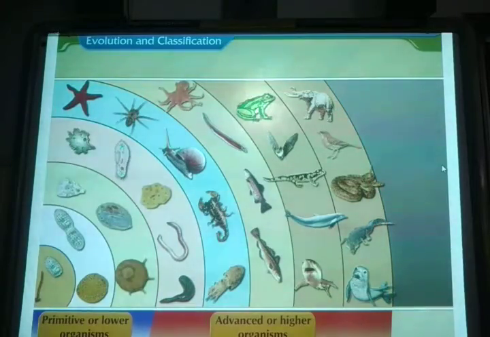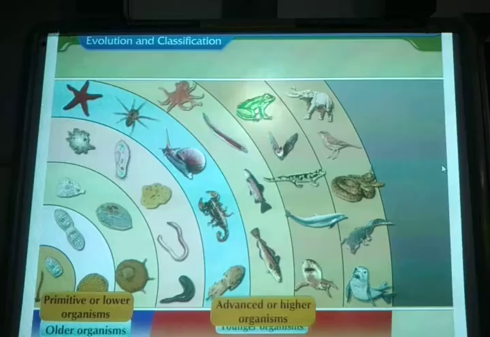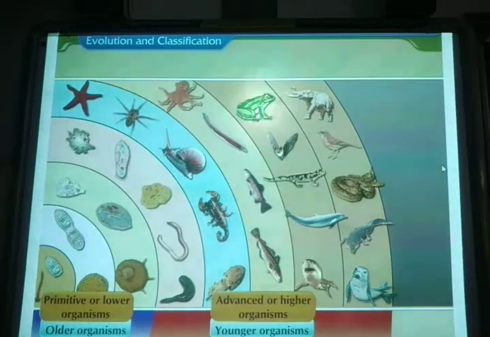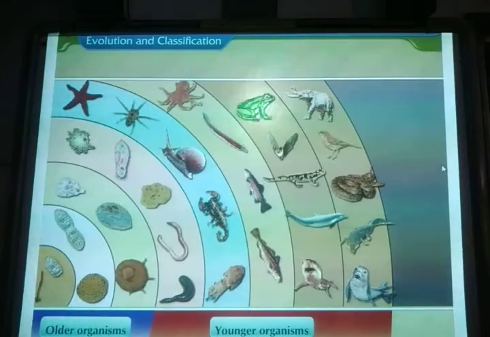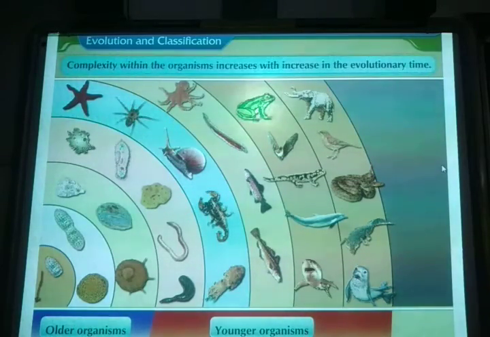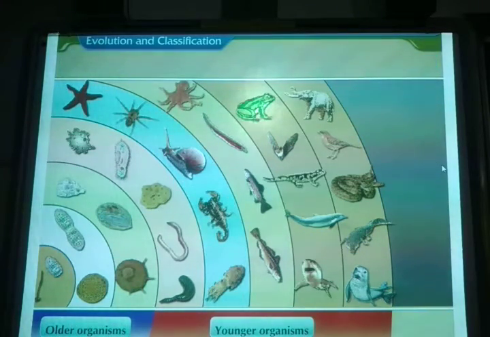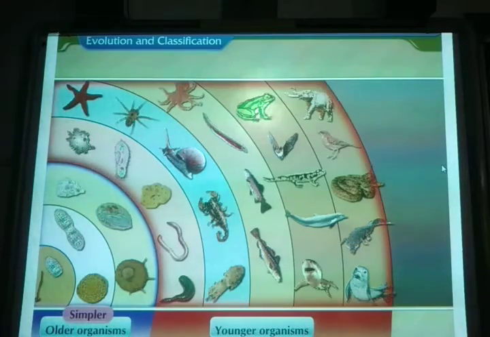However, these terms do not clearly reflect the evolution of these organisms, and hence we often refer to them as older and younger organisms respectively. There is a strong possibility that complexity within the organisms increases with increase in the evolutionary time. Hence, we can say that older organisms are simpler while younger organisms are more complex.